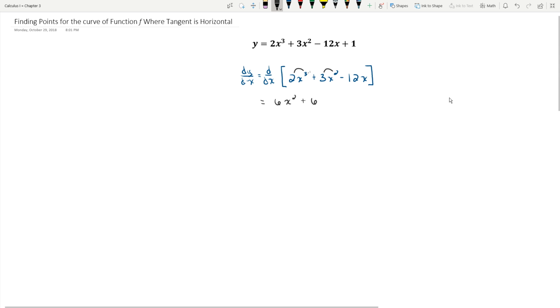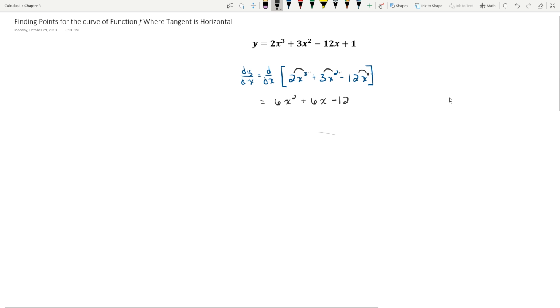Well, that's 6 again, but this time it's 2 minus 1. Leaves us with 6x minus, and this is the x to the first, so we have 1 times negative 12, leaves us with negative 12, times x to the first minus 1. Well, that's x to the 0, which is 1. 1 times 12, still 12. So we have our derivative.